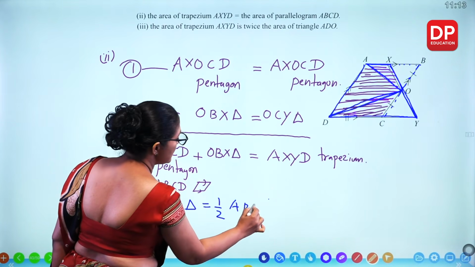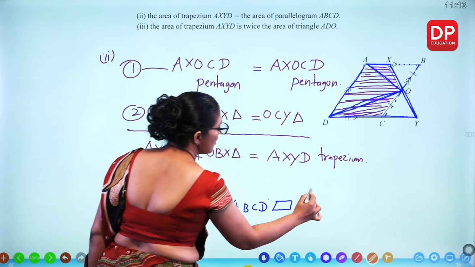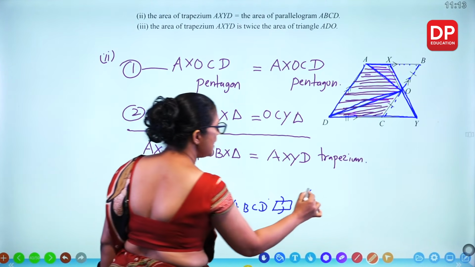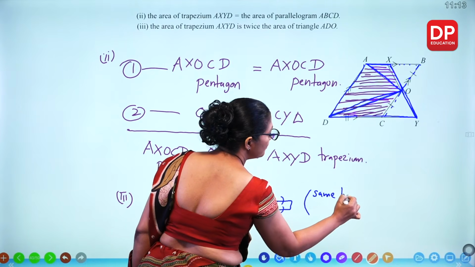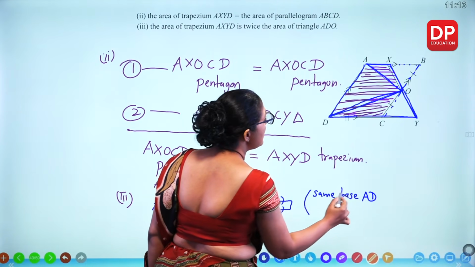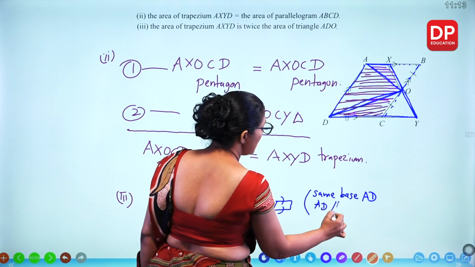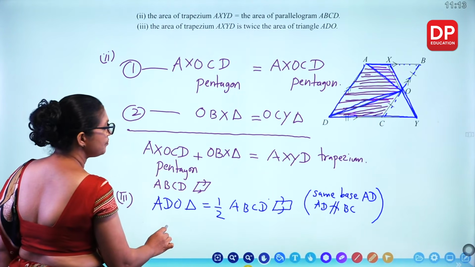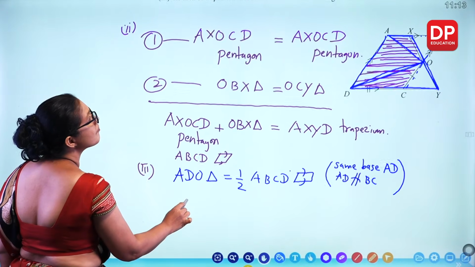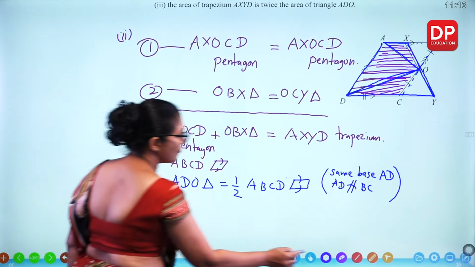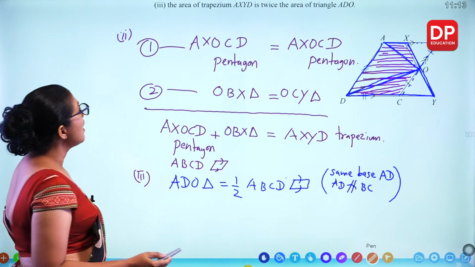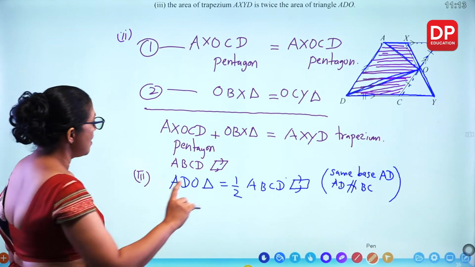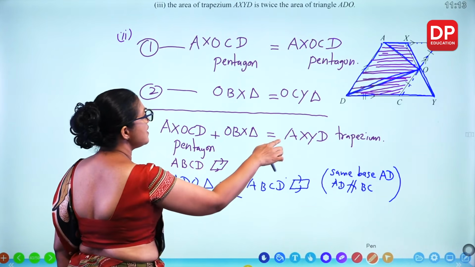What's the reason? Same base AD and in between AD and BC parallel lines. That's ADO.